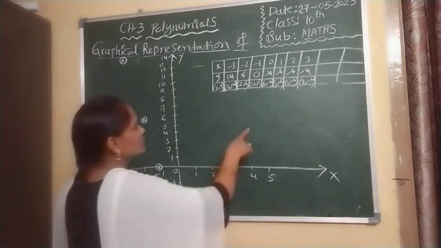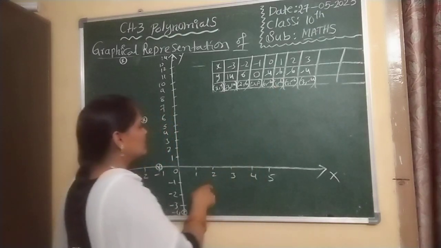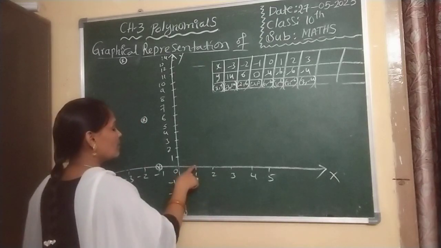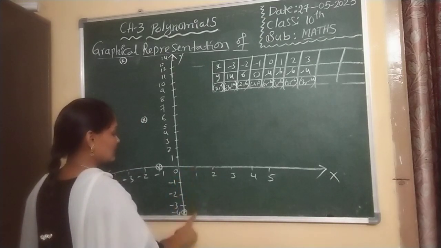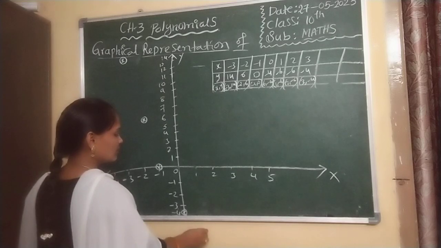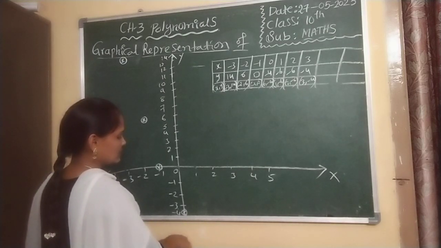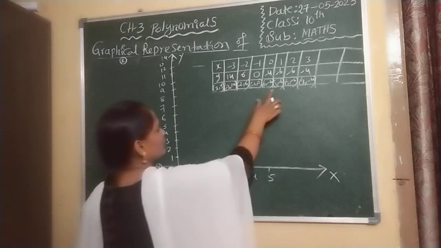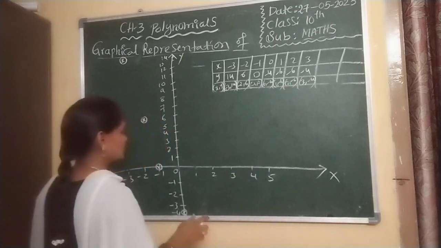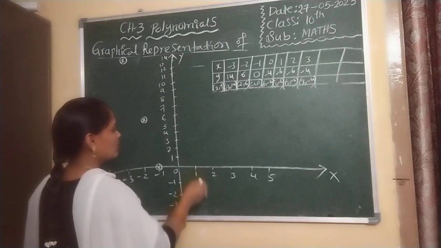Next, see 1 comma minus 6. Minus 6 till down it will be; you can just adjust it. Next, 2 comma minus 6. Those are the same y values, 1 comma minus 6 and 2 comma minus 6.